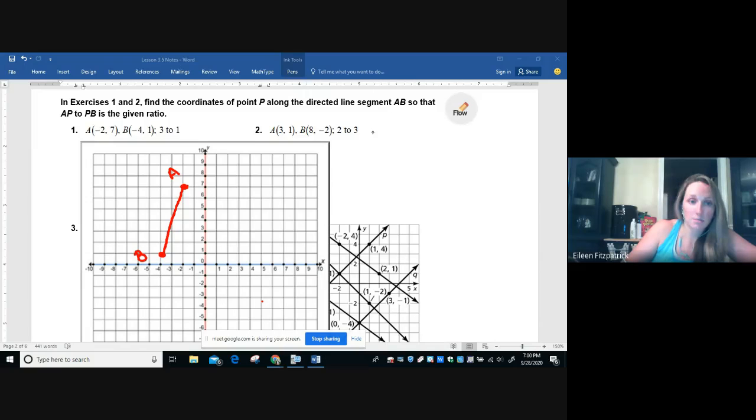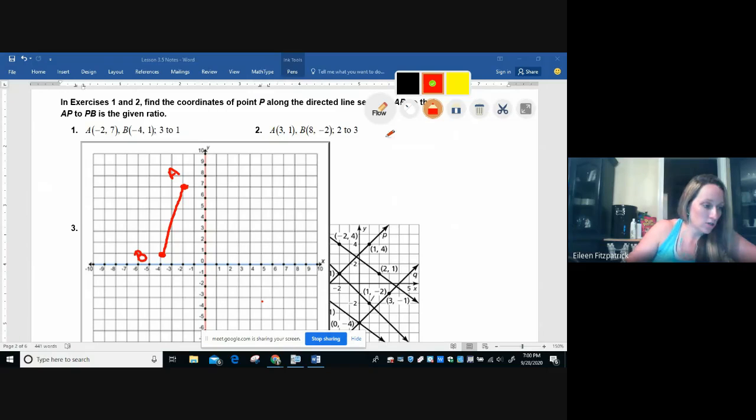The distance from A to P and then the distance from P to B is in the ratio of 3 to 1. So the first thing you're going to want to do is think about that ratio for a second. 3 to 1 means 3 parts away from A and only 1 part away from B. So how many parts are we going to be breaking this segment into?